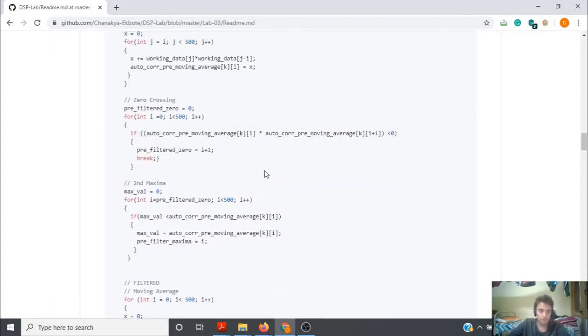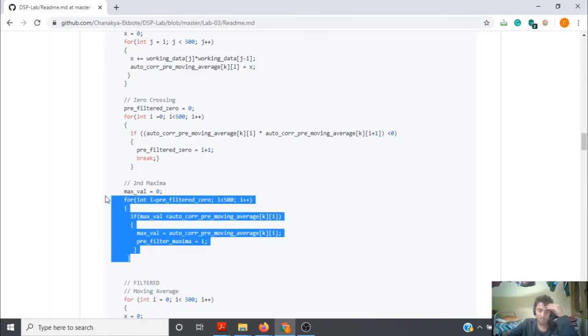So once you do this, all you look at is the location of the second maxima. Once you have the location of your zero, you want to find the second maxima. To find it, you start from that particular zero crossing and keep moving on till you get the maxima. This code block just does that.